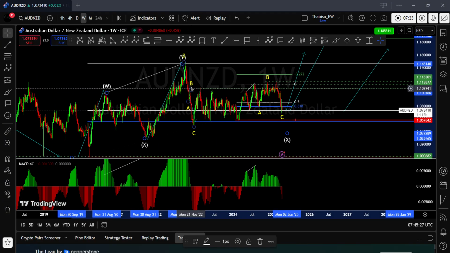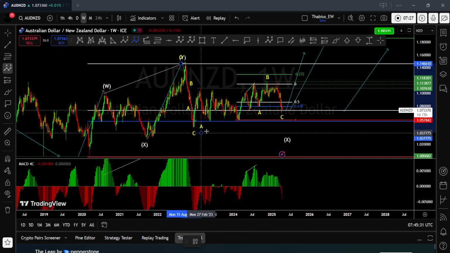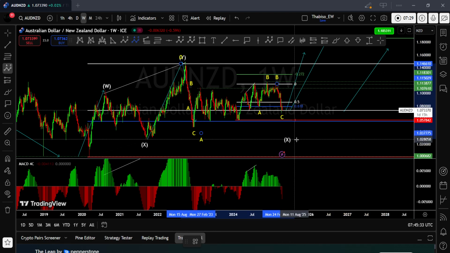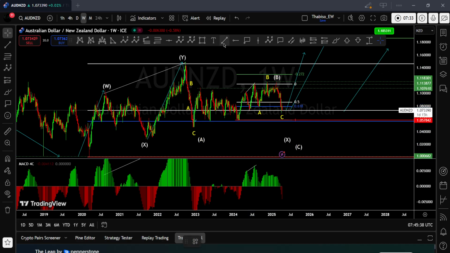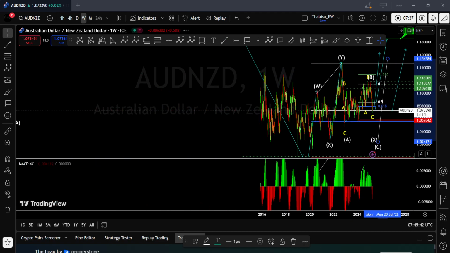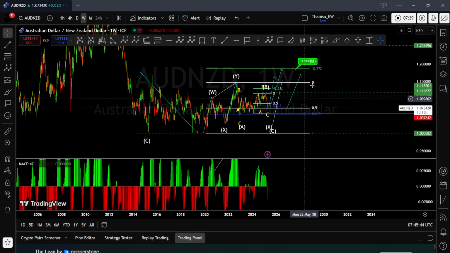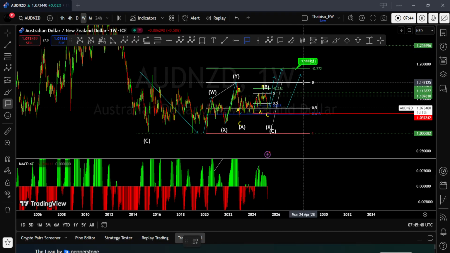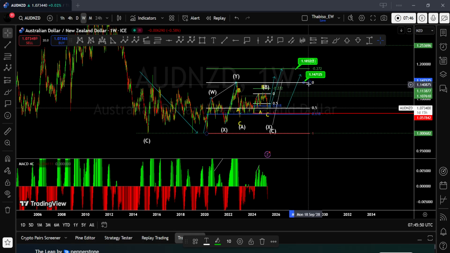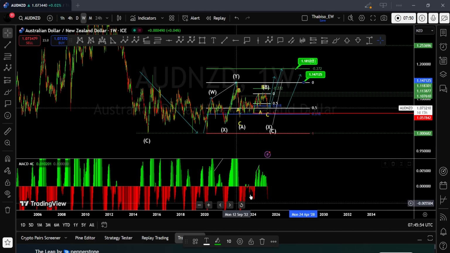Perhaps instead of this ABC, we are busy with an A, B, C, and that's only when price will be ready to go up. But up is the movement that we're looking for, and this 1.18 is the target. Okay, 1.14 will be the first target, and then 1.18 will be the second target.